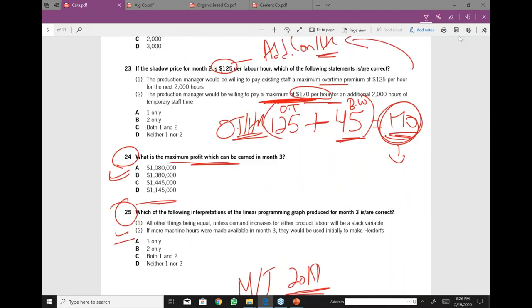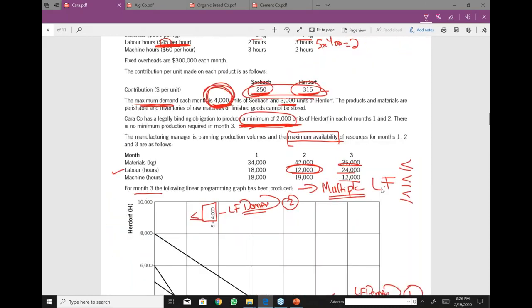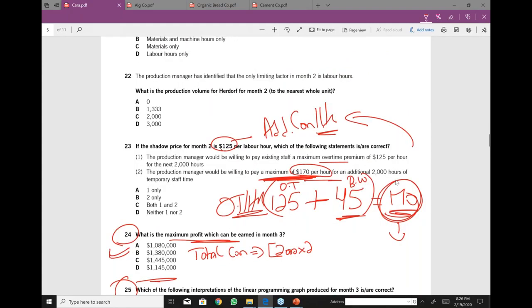Let's first find out the total contribution. According to the plan, how many S will we be making? 2000 multiplied by the contribution. The contribution of S is 250, I think. Plus how many H will we make? 3000.